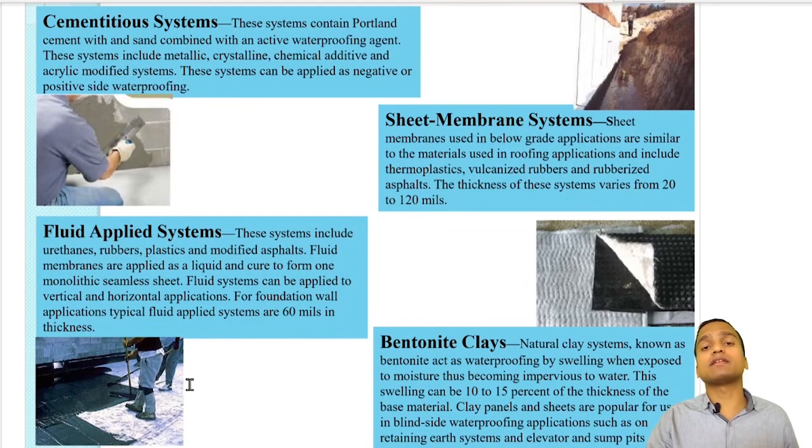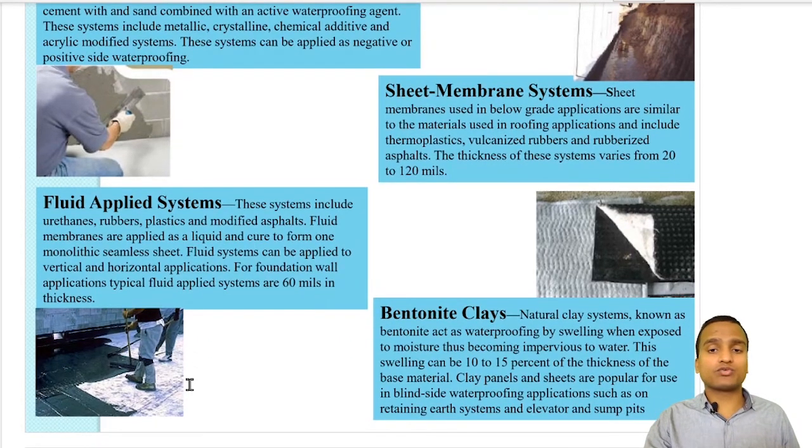Okay, and the next type of waterproofing membrane is the bentonite clay type, and this is the natural clay system of waterproofing membrane, and they are known as bentonite, and waterproofing is done here by the swelling action. And when these bentonite clays are exposed to moisture, they become impervious to water.